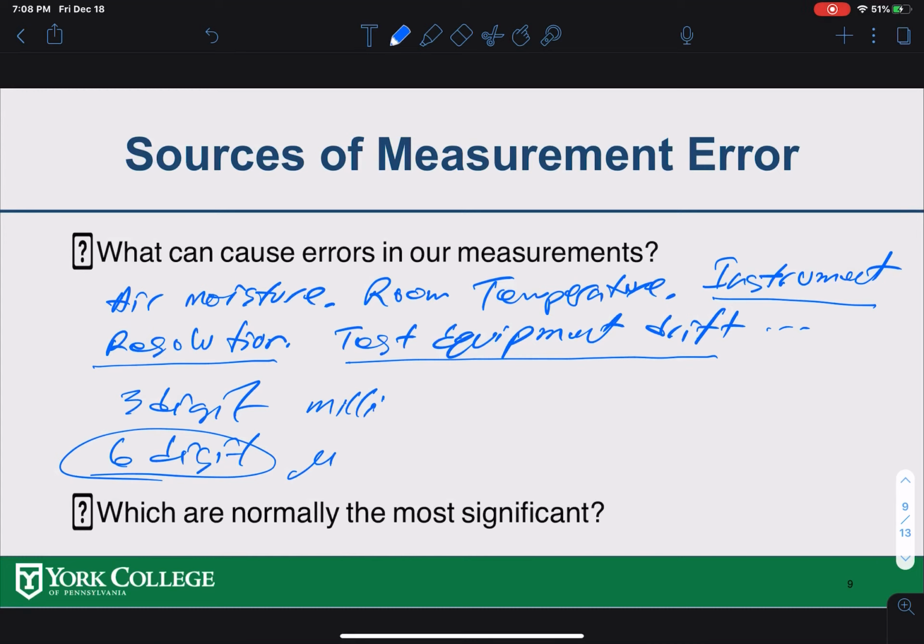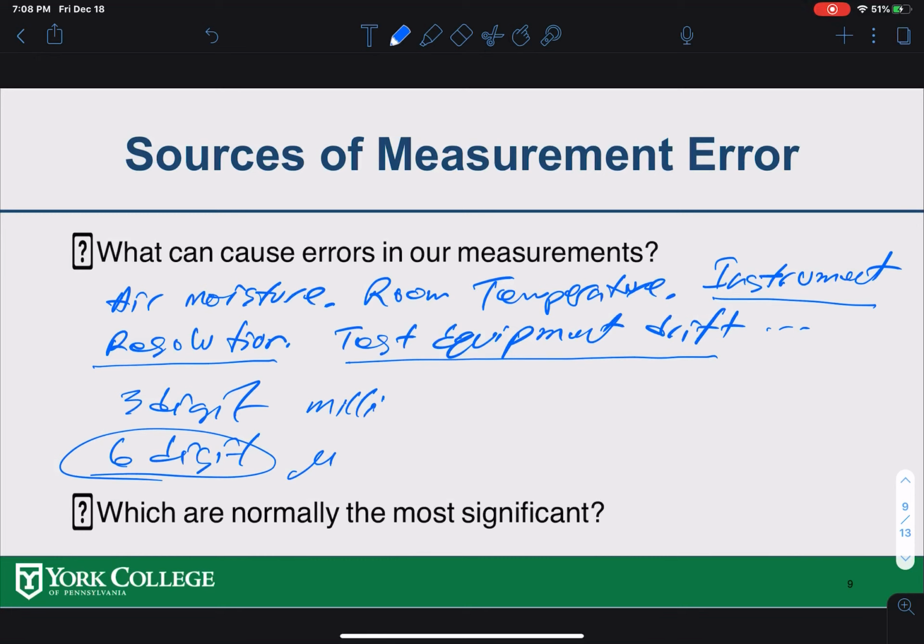And also temperature could change your result, because if something is done in a lab setting where the temperature is a lab temperature, and you're trying to reproduce the results in your lab, your temperature is different, then you get different results. And air moisture sometimes gives a different result, because if your device or your equipment is sensitive to the moisture in the air, that could give different results too.